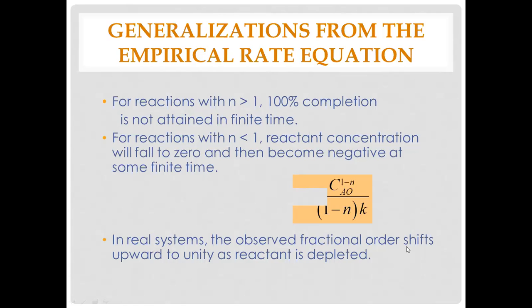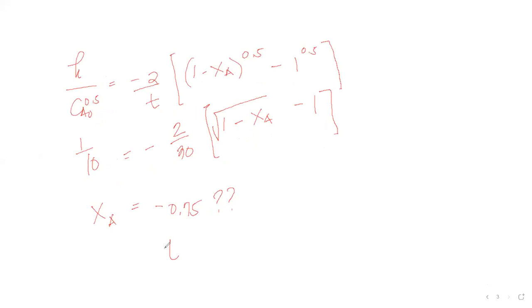It says that the time, for CaO raised to 1 minus n over 1 minus n times k, should not be greater or equal to this set value. So let's say, for example, we will solve in our case, what's the t? Your CaO, you don't know, the same thing with k, but you know that your k over CaO raised to 1/2 is this particular value.